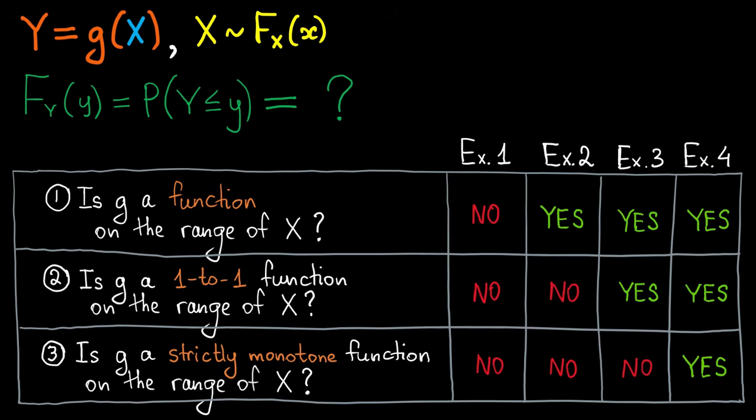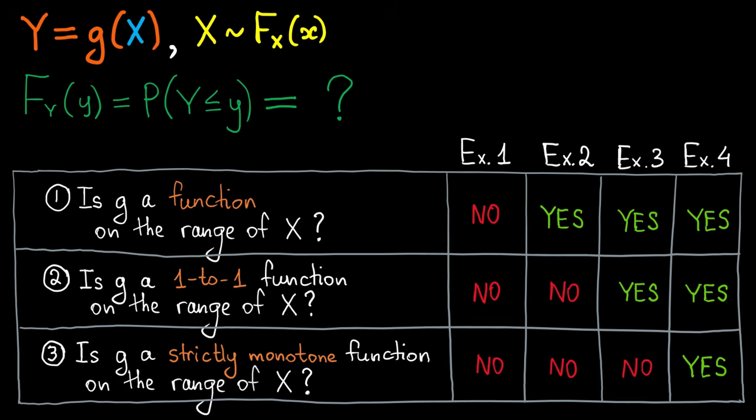If we know that our function g is strictly monotone, as we've already discussed, that implies that it is one-to-one, but what strict monotonicity gives us is somewhat of a superpower, because now we can translate very neatly interval events in terms of the random variable y into interval events in terms of the random variable x.